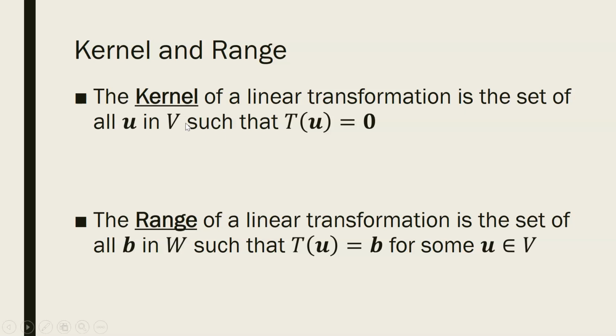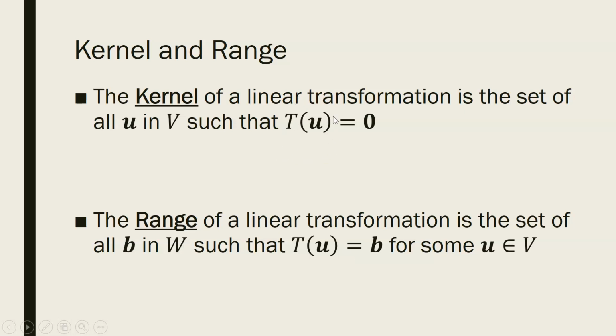Kernel is kind of like the null space of a matrix. In fact, if a transformation is a matrix transformation, it's going to be the null space of the matrix. Range is like the column space. And if the linear transformation is a matrix transformation, they're the same. So if we're on Rn, kernel is the same as the null space, range is the same as the column space.